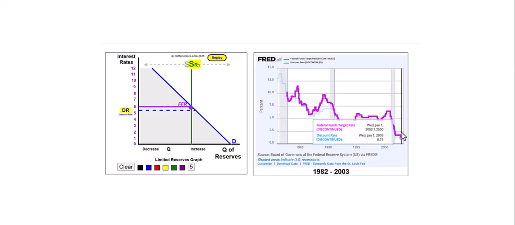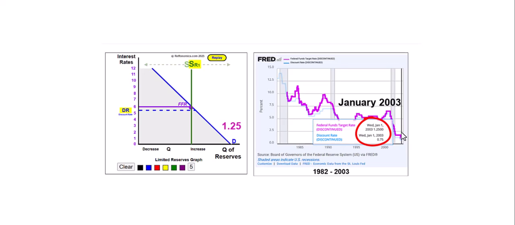Until finally, at the beginning of January of 2003, the federal funds target rate had dropped to 1.25%. And the only way that happens is if the Fed is buying bonds in the open market.